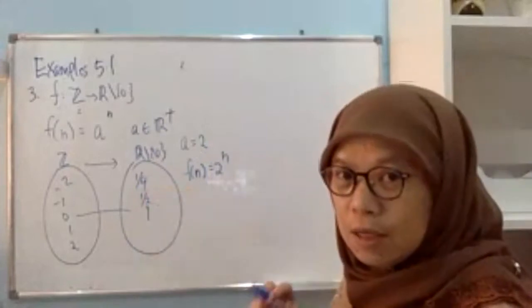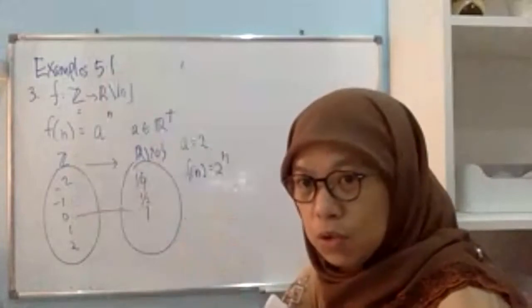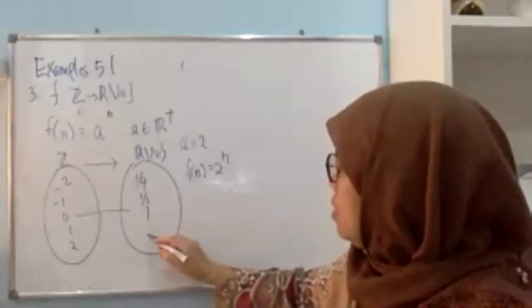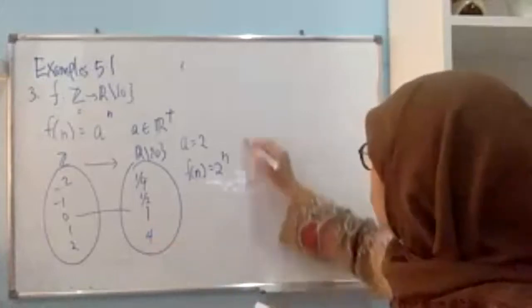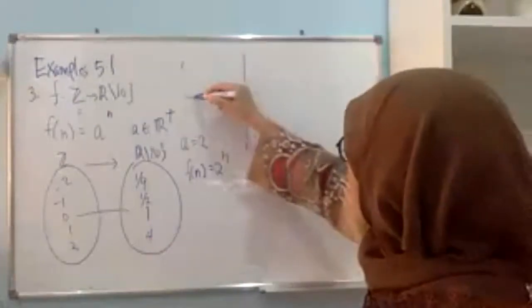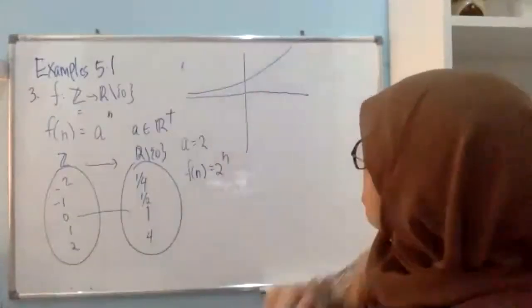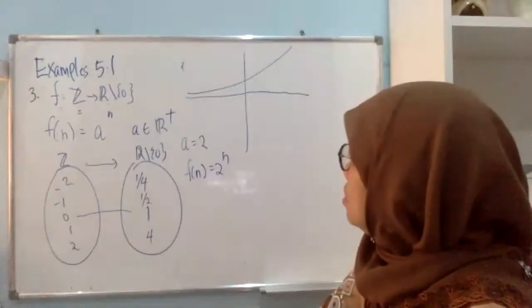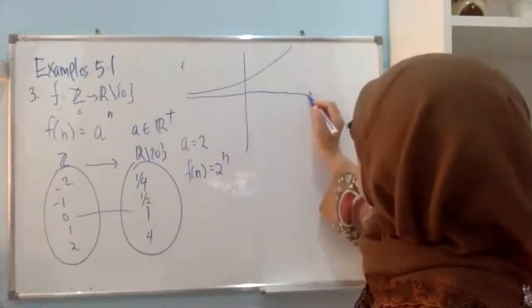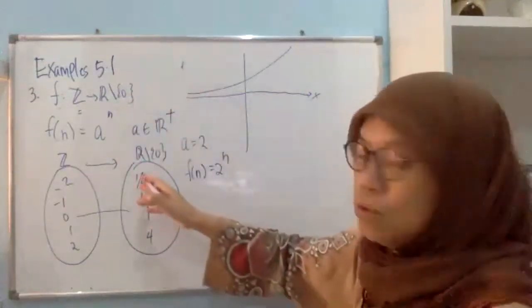You see, if you go to very negative, it will go closer to 0. And for this one, 4, right? Okay, or if you draw the graph, then it will be like this, right? Because it's 2 to the power x. If x is all negative, it goes closer to 0.